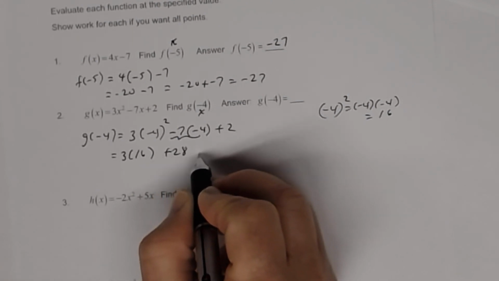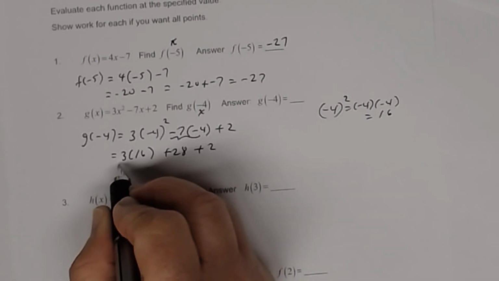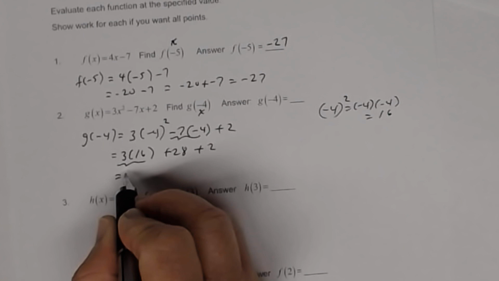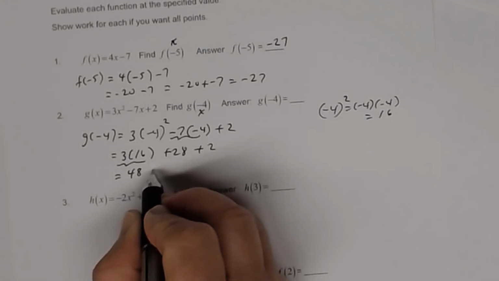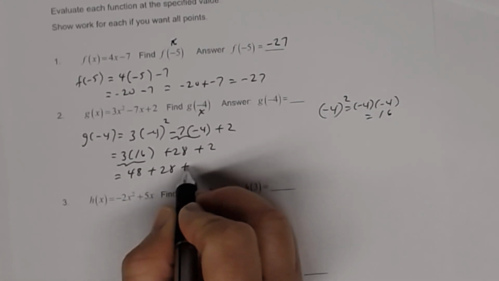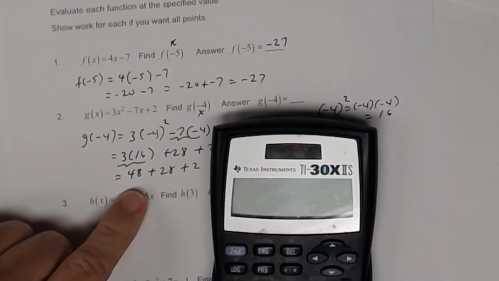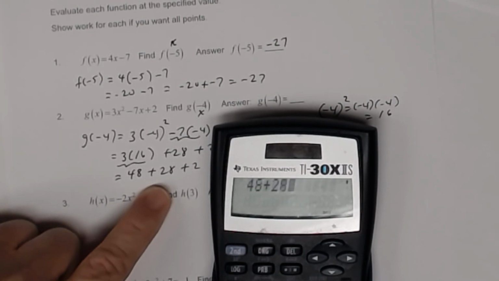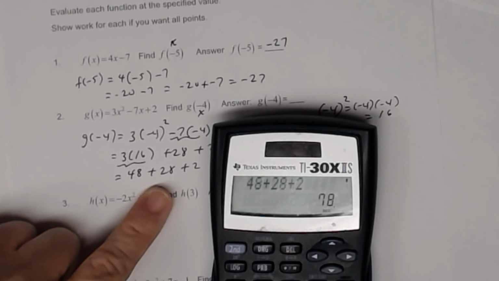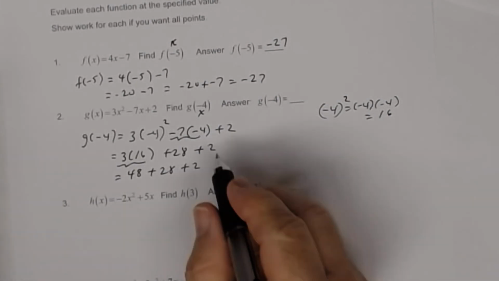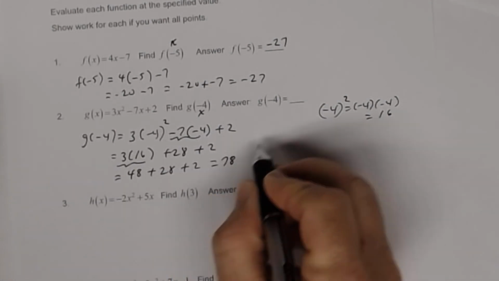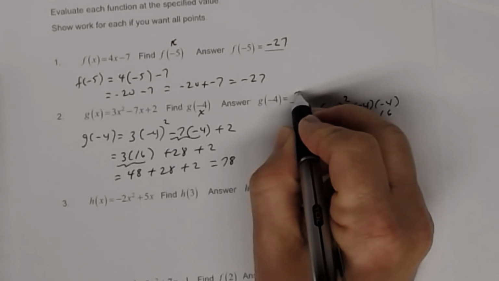So I'm going to do that now, and then plus 2. 3 times 16 is 48, right? Plus 28, and then plus 2. And then using your calculator, you can easily see that 48 plus 28 plus 2 equals 78. So g of negative 4 is equal to 78.